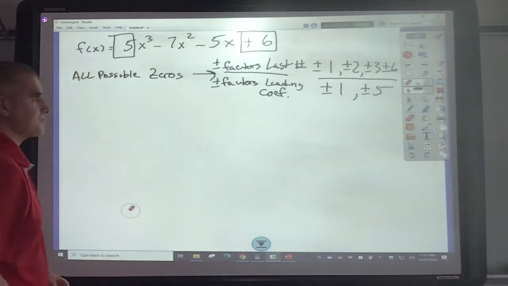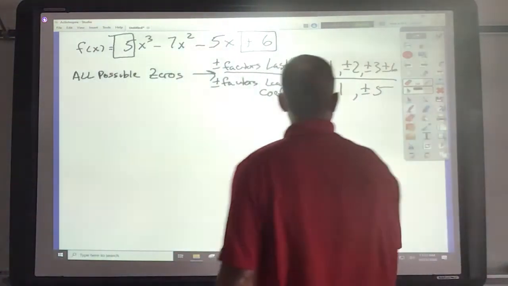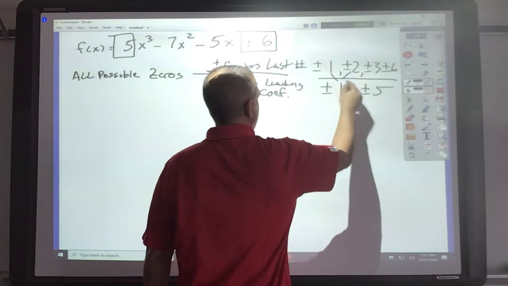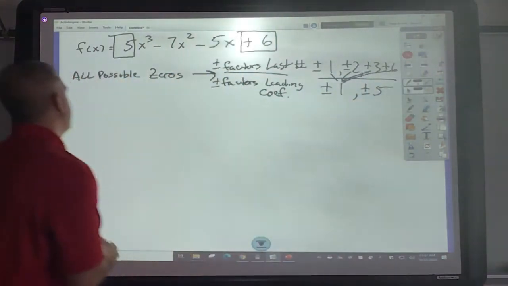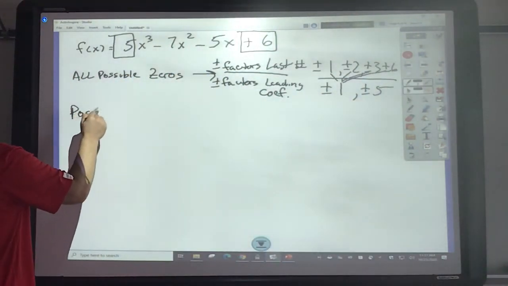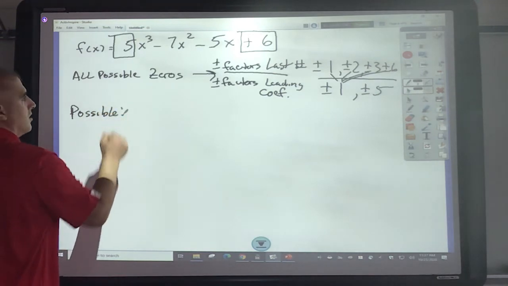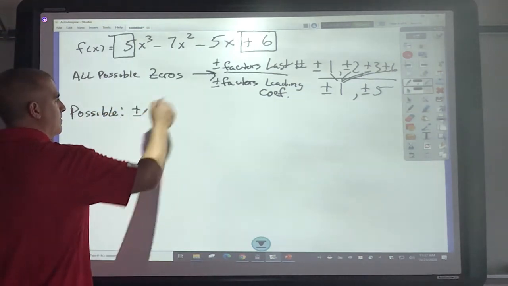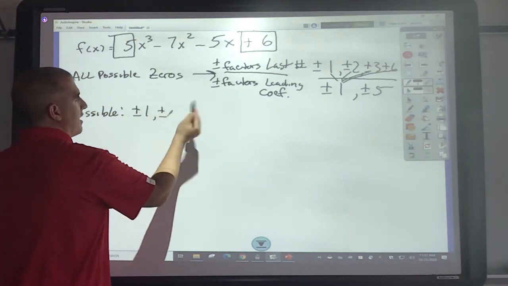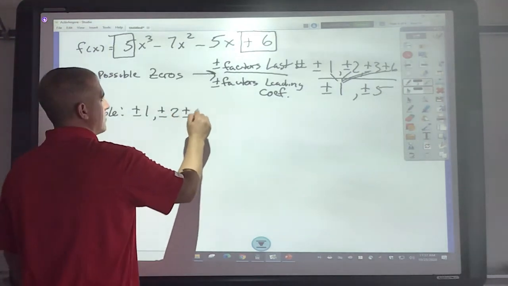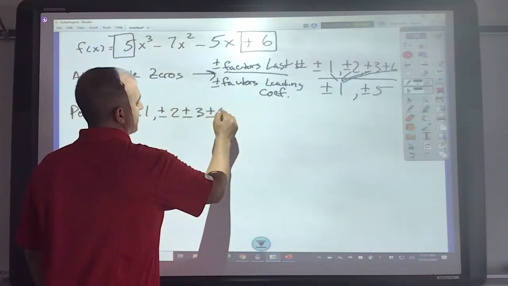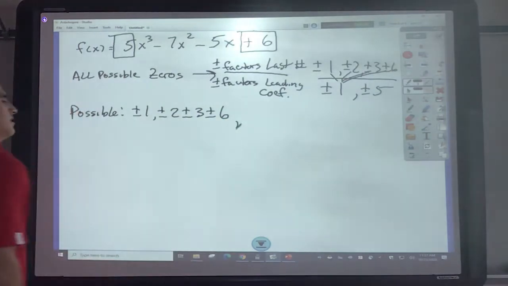Okay, so all the possible zeros. Really simply, we're going to divide all of those by 1. So the possible zeros, all right, plus and minus, 1 divided by 1 would be 1. 2 divided by 1 would be 2. 3 divided by 1 would be 3. 6 divided by 1 would be 6. Okay?